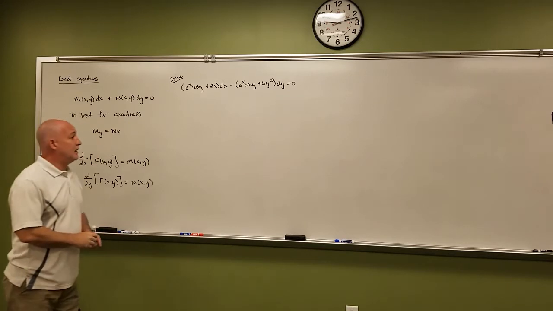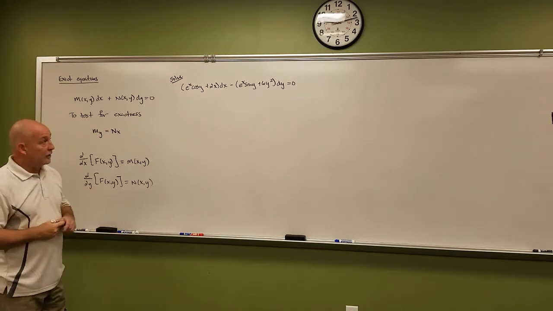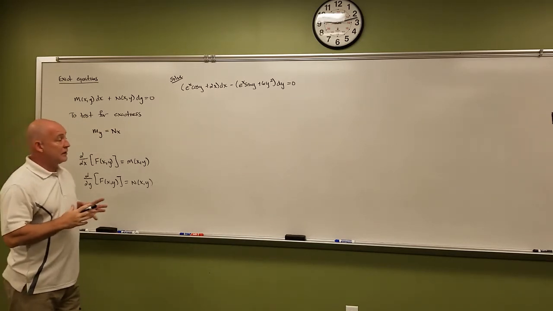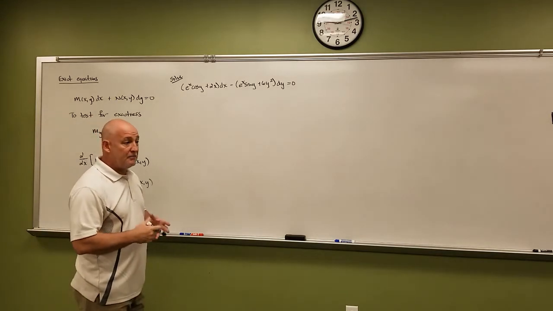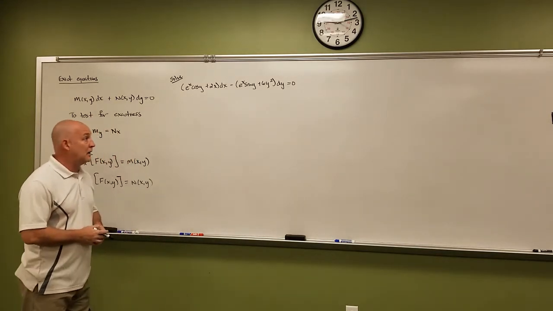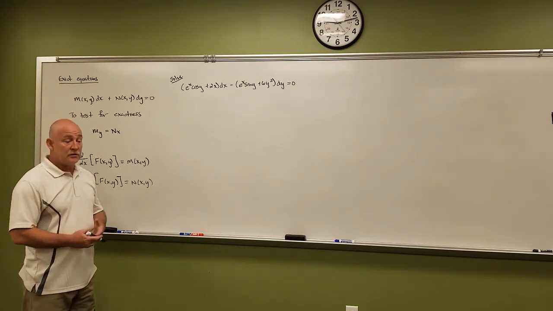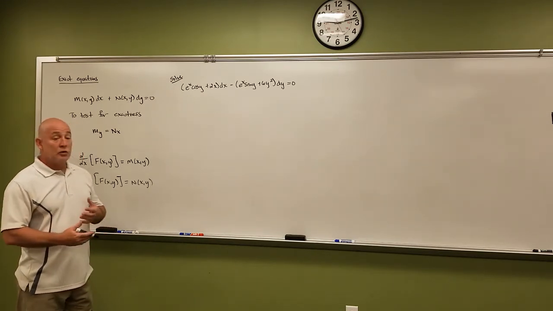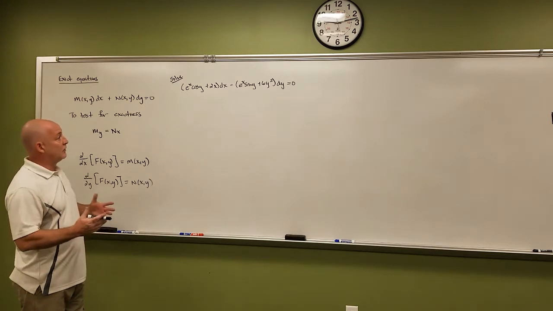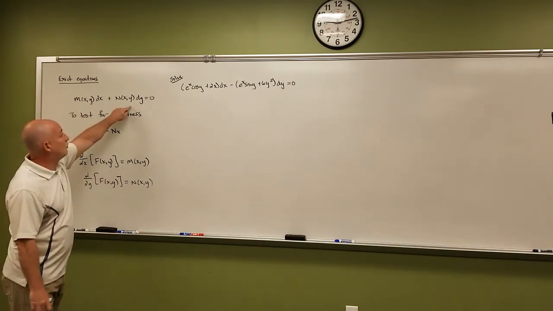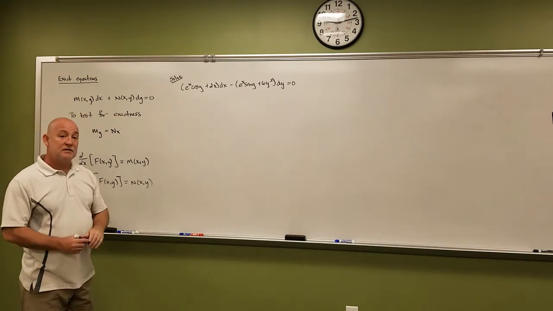Okay, let's say that I gave you this messy looking equation here. Now, first off, you should be thinking, just because of the form it's in, maybe this is an exact equation. If it's not an exact equation, maybe you could rearrange it to be separable, or maybe you could rearrange it to be first order linear, but since it's already kind of in this form, I'm thinking maybe this is exact.